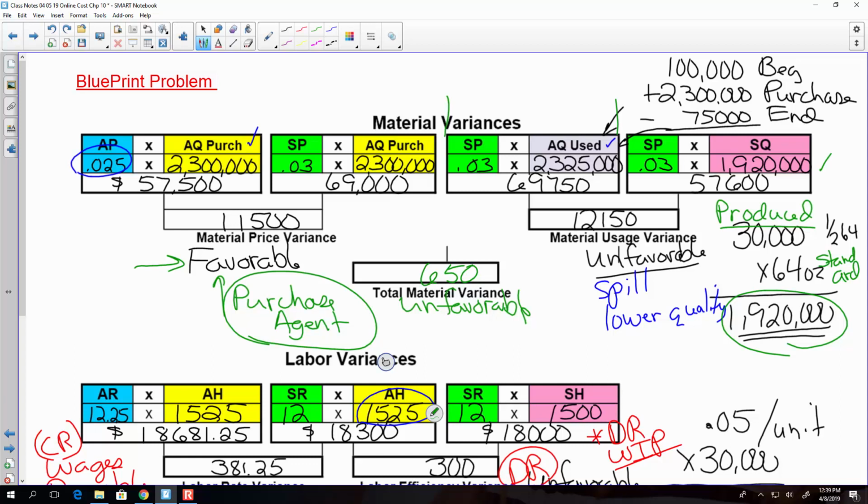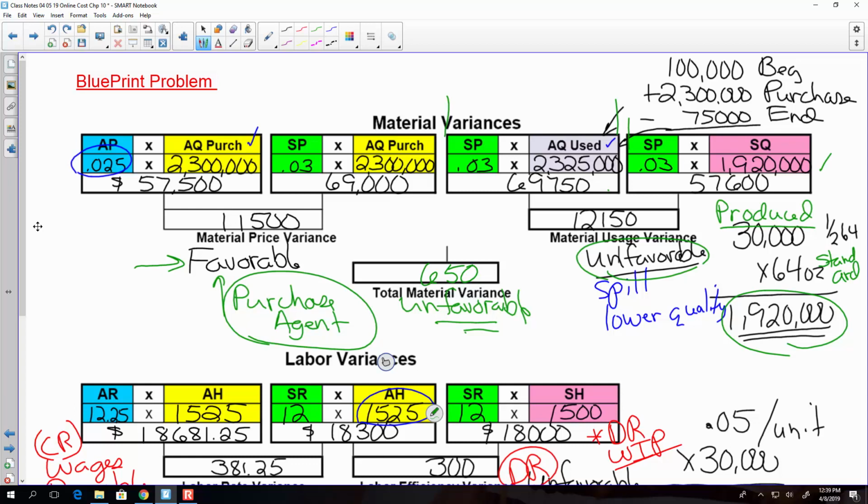And in the other box, in box 4, I'm looking at 3 cents times 1.9. I spent more, right? That gives me the unfavorable variance of 12,150. I compare that to my favorable. I net the two because they're opposite, right? Gives me a net unfavorable $650.